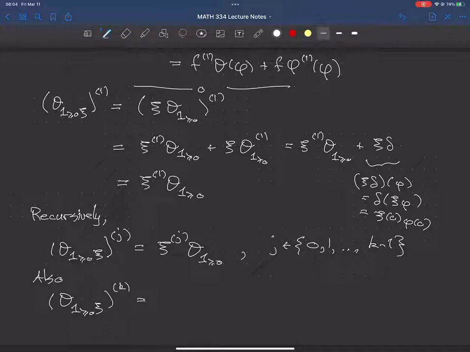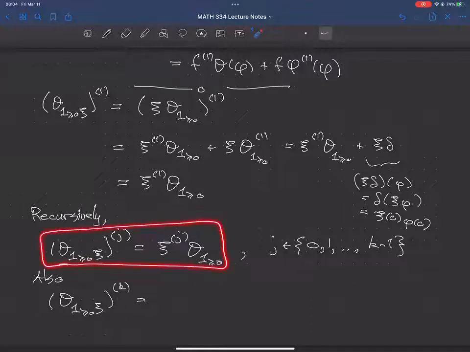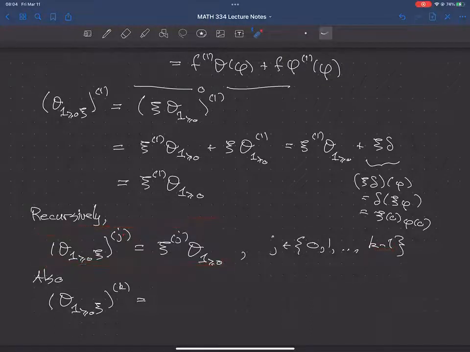What I'm going to do is look at this equation with J equals k minus 1 and differentiate that, using all the rules for doing that. That means I'm going to use the product rule.